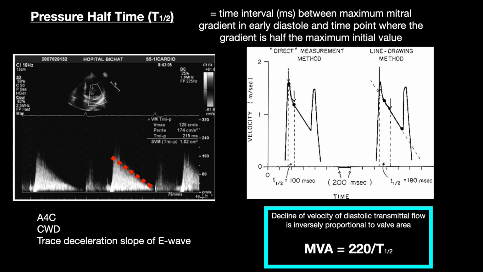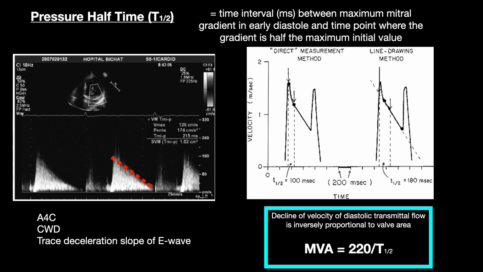So the half time is shortened in patients with very low left atrial compliance, and in patients with severe aortic regurgitation, and the effect of LV diastolic dysfunction is also difficult to assess, but it does impact the mitral valve flows. So you just need to keep that in mind.